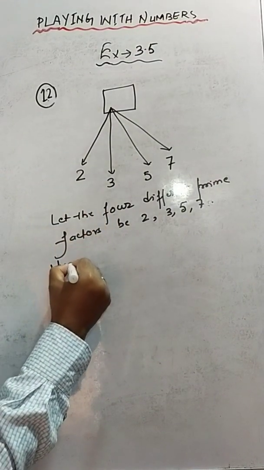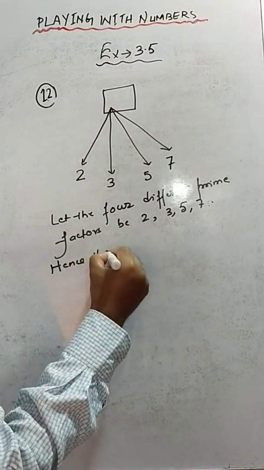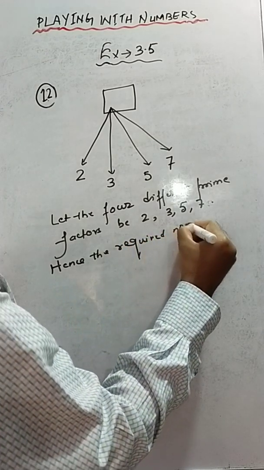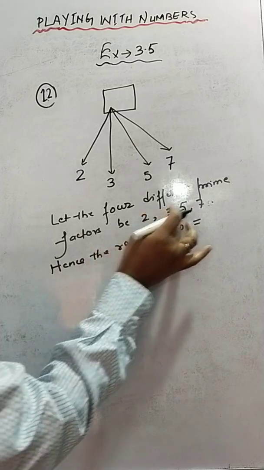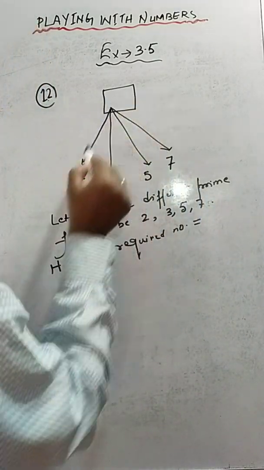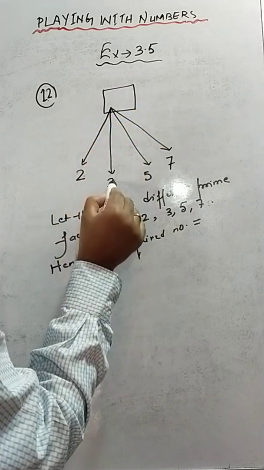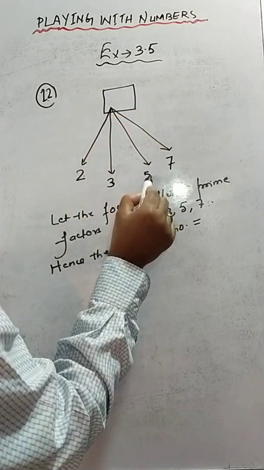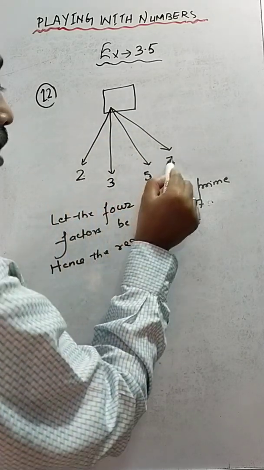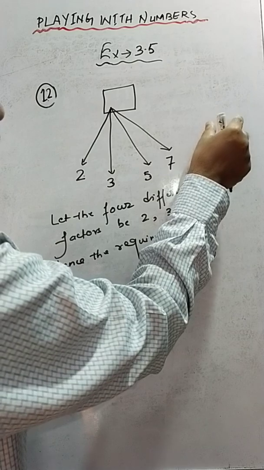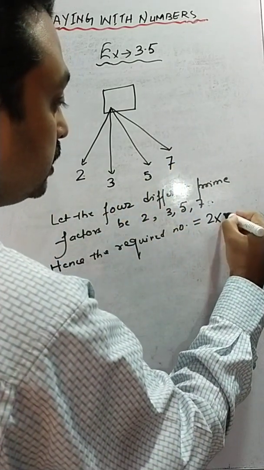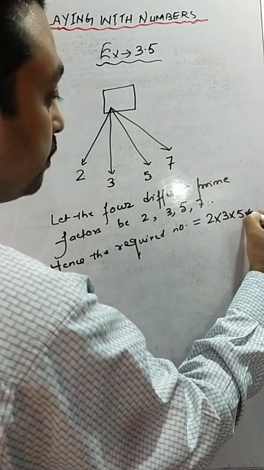Hence, now we will find the number. The required number will be what? The product of all these numbers, because if it is a factor, that means this number is divisible by 2, also by 3, also by 5, and also by 7. So if I multiply all those numbers, the number we get will be divisible by all these numbers. So the required number would be 2 into 3 into 5 into 7.